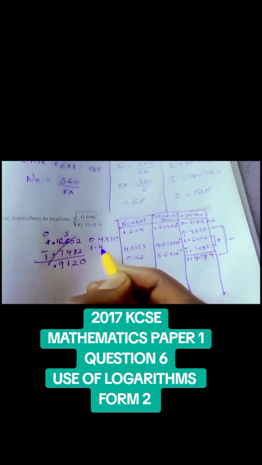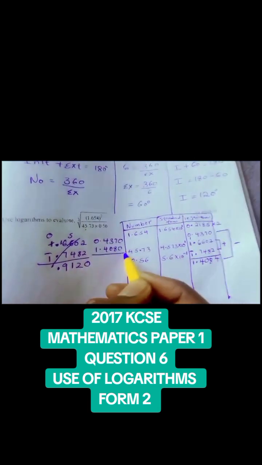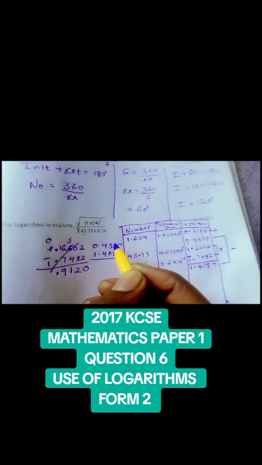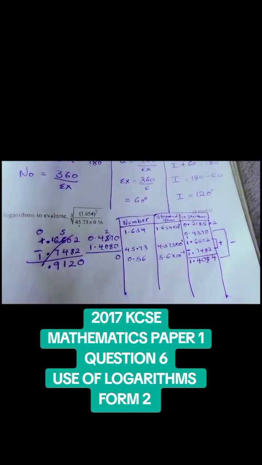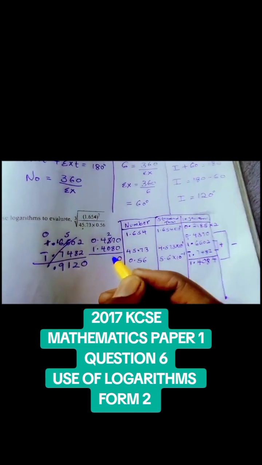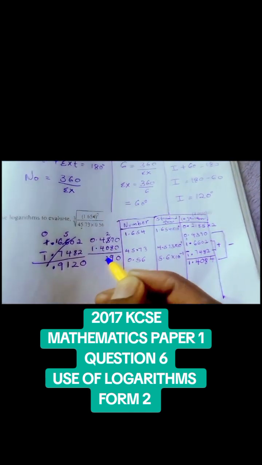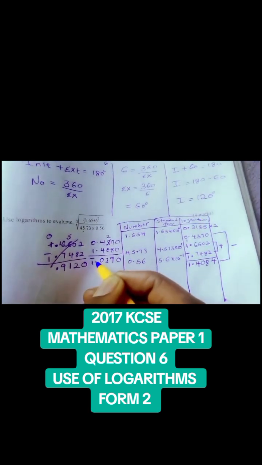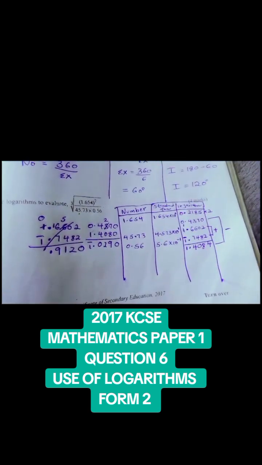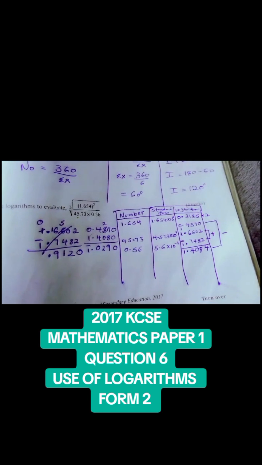You borrow 1 from this part to become 17. I have 17 minus 8, which is 9. Here I have 2, 0, then 0 minus 1, it's bar 1. Now if we try to solve this one using the calculator, what are you getting?